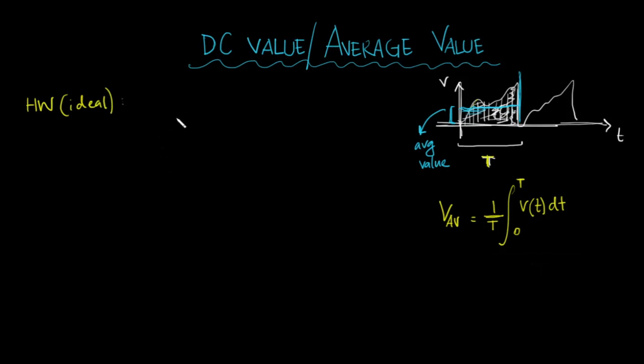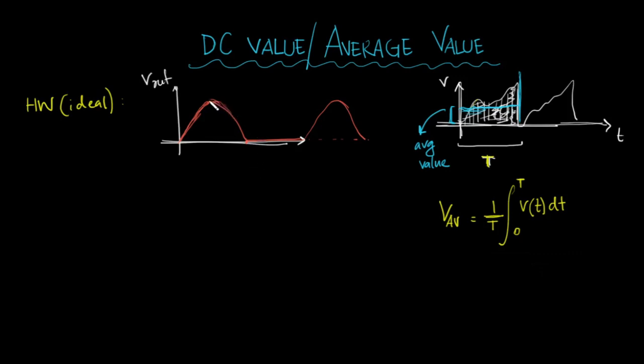The output waveform of a half-wave rectifier with an ideal diode looks like this, V out. It goes up, then comes down. This is the positive cycle, and the negative cycle is blank, and then again for the next positive cycle, it goes on like this.